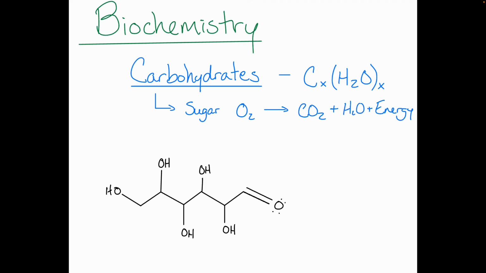But that's what we use our sugars for, is we use them to convert into energy. The body likes to use it to create these molecules called ATP, which it packages and then uses for energy later on. But yes, this is really not much different than a combustion reaction, the reactions that power like our cars and stuff like that.